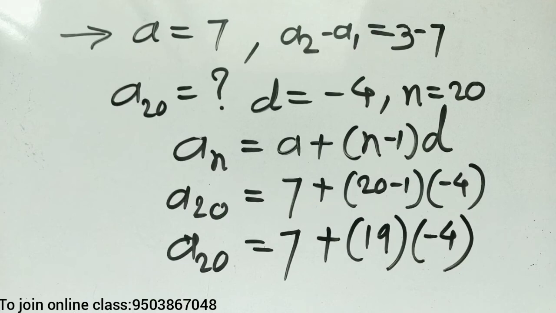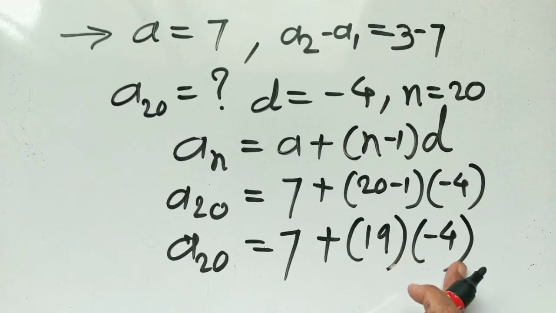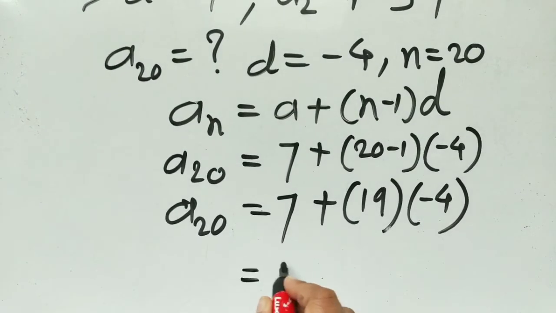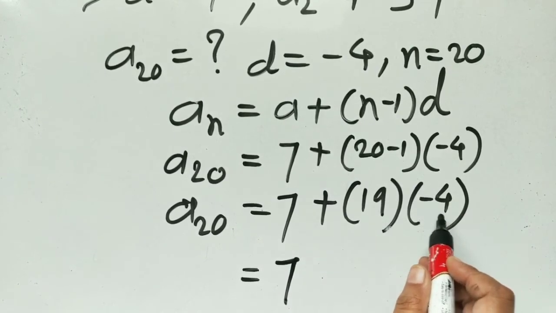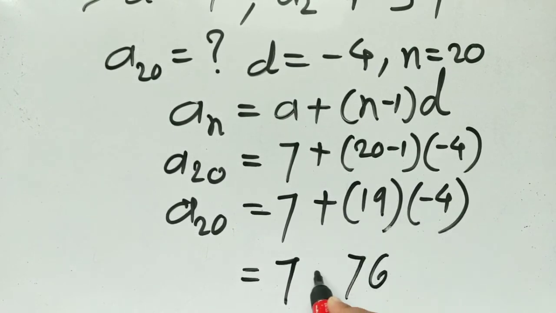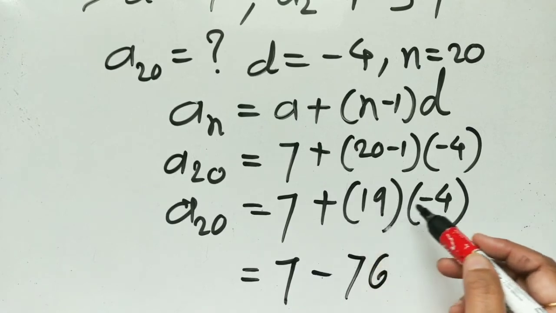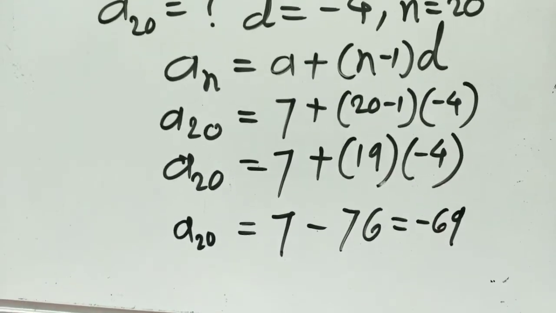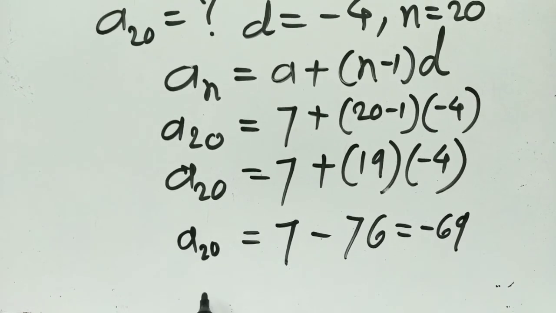So we need to multiply 19 and minus 4. 19 fours are 76, but it will be minus because we are multiplying terms with different signs. And 7 minus 76 gives you minus 69, which is the required 20th term. So A20 is equal to minus 69.